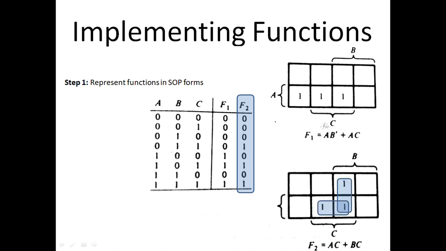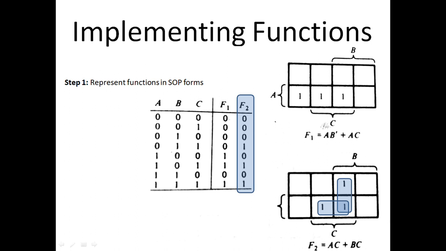These would be the two groups, and each group consists of 2 squares. After we create product terms for these groups, we get F2 equal to AC plus BC. This is AC and the vertical group is BC. There is an A which is not visible, it is a typo, but there is an A here. So we have simplified Boolean function F2 and represented it in the sum of product form.